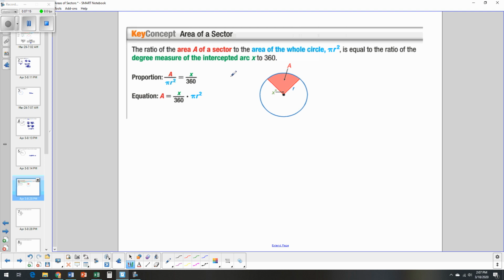If I want to find the area of a sector, I'm going to focus on still the degrees out of 360. So we're going to have degrees out of 360, and that's going to equal the area of the sector over the area of the circle.